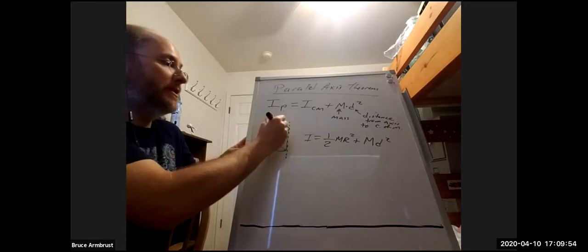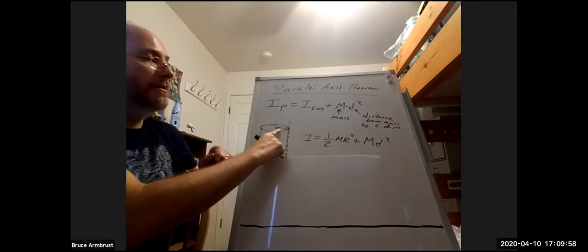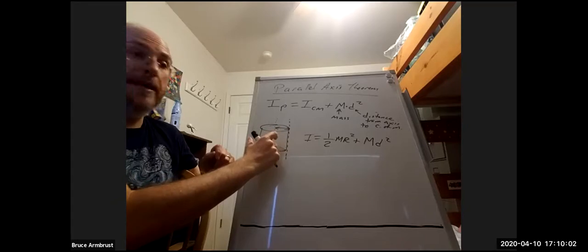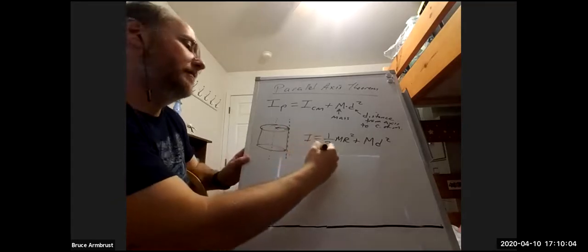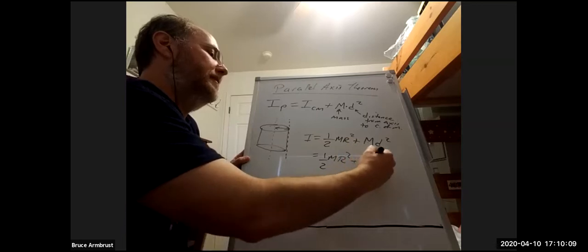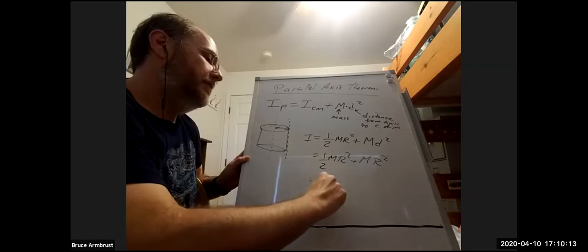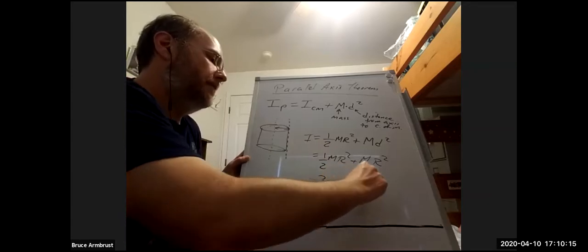So really, we just need to know what that distance is right here. And hopefully you can see that's pretty easy. That's just our radius. So this is going to be 1/2 mr squared plus mr squared, which is 3/2 mr squared.